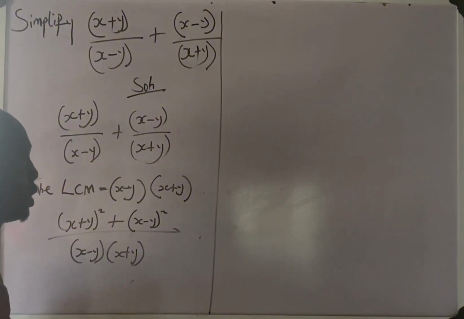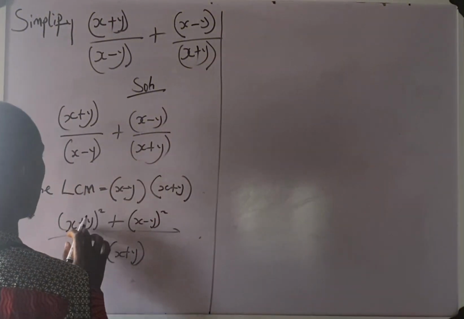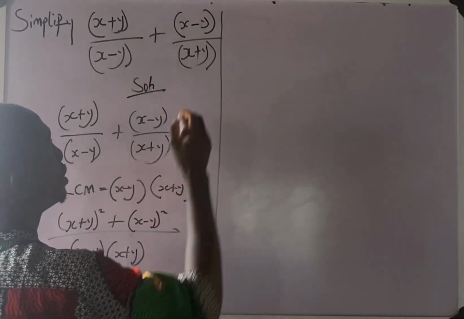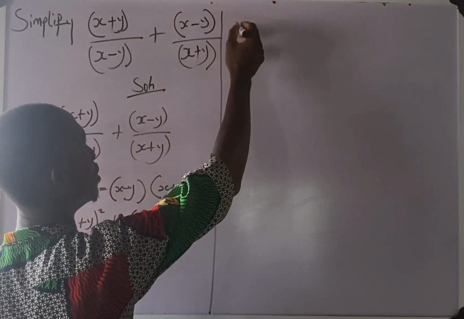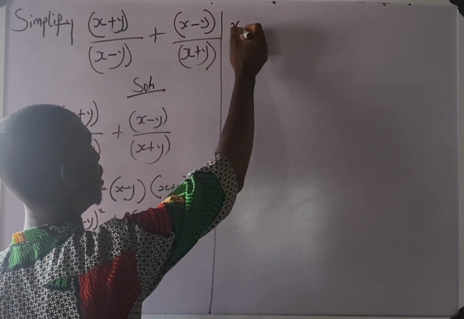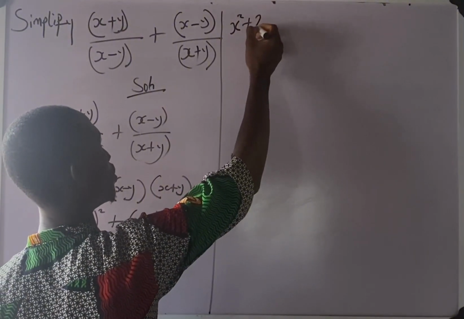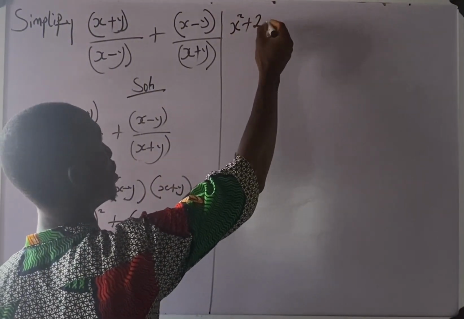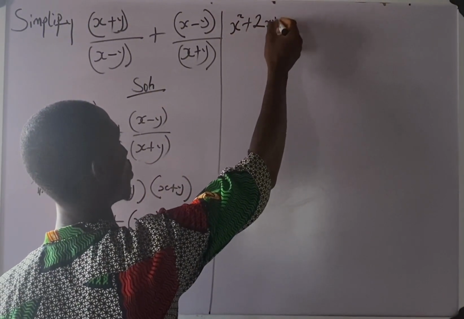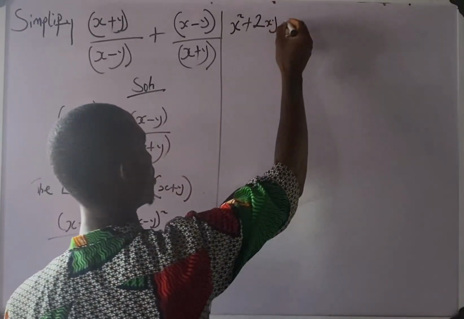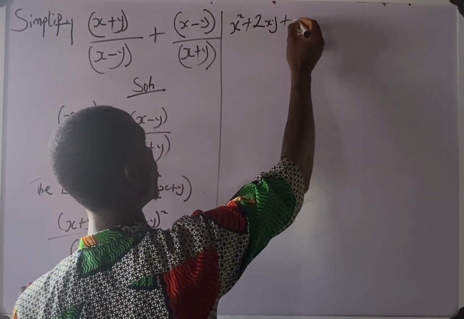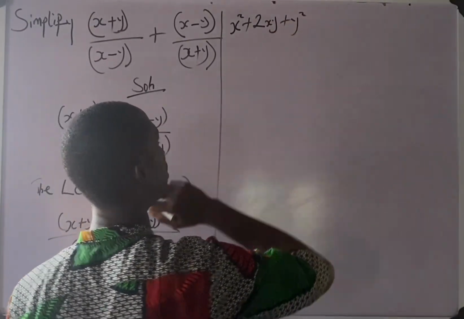So we say (x + y) squared is x squared plus 2xy plus y squared.